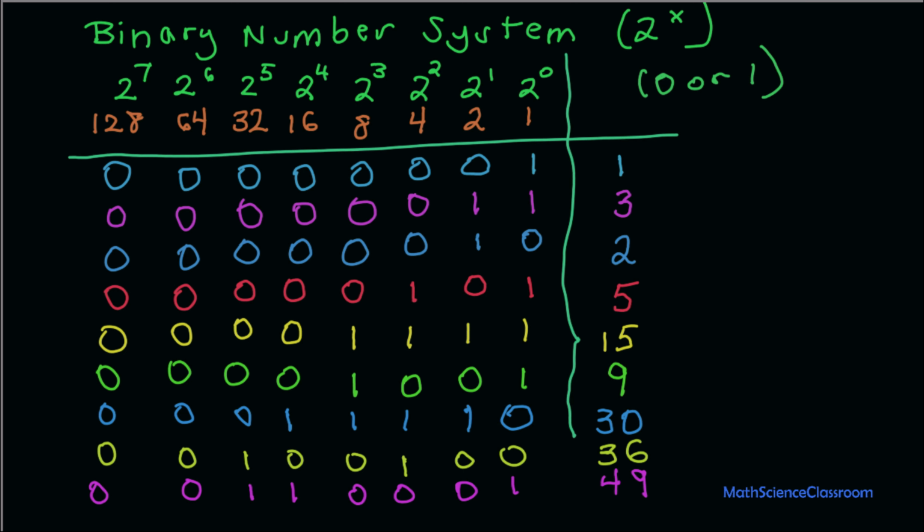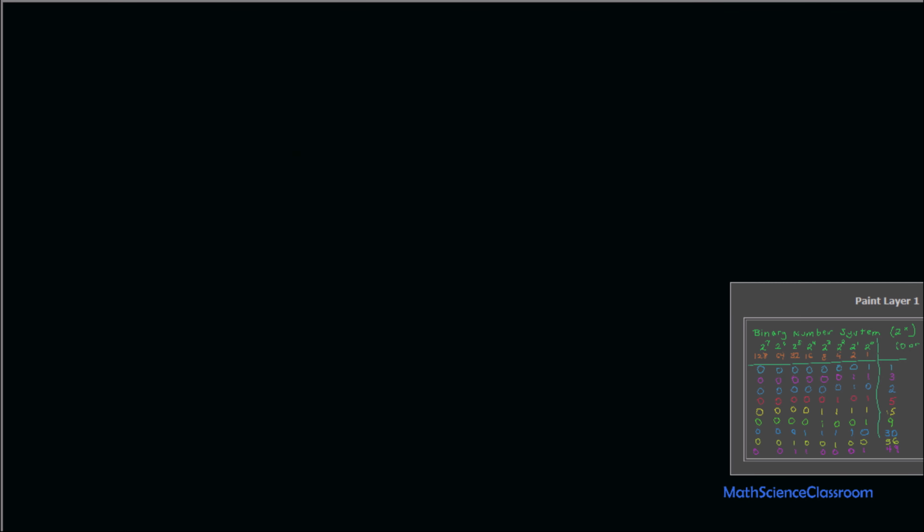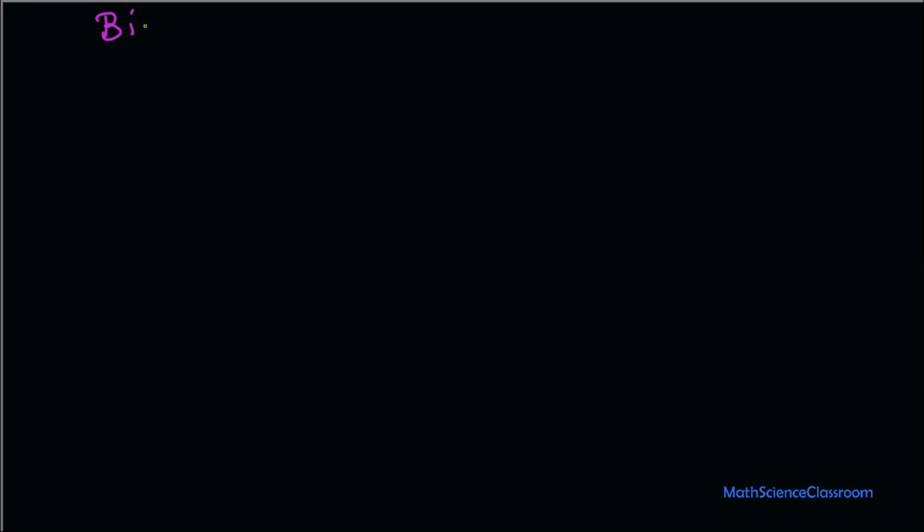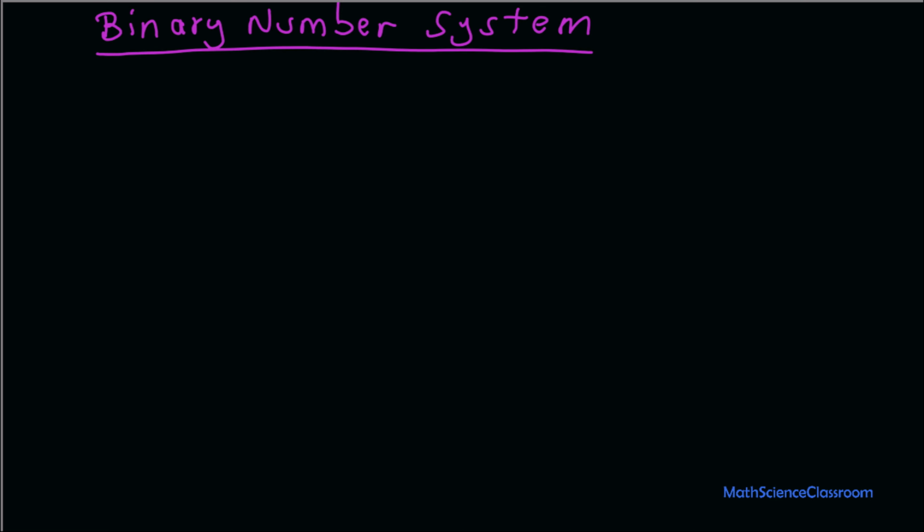the terms that we use for binary, and so this is the binary number system. So a bit is one binary digit.